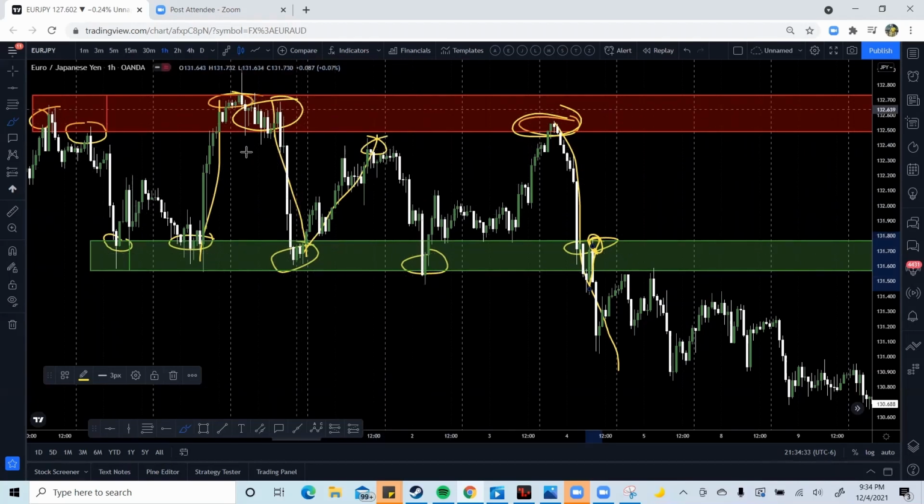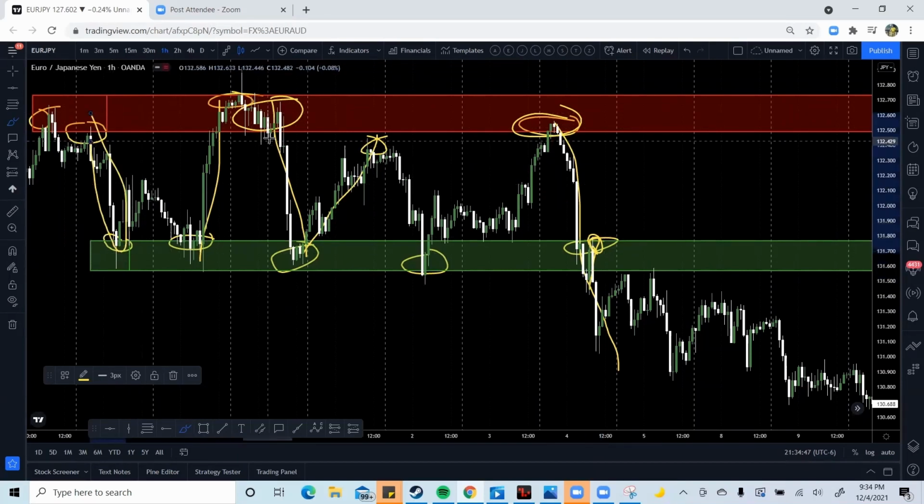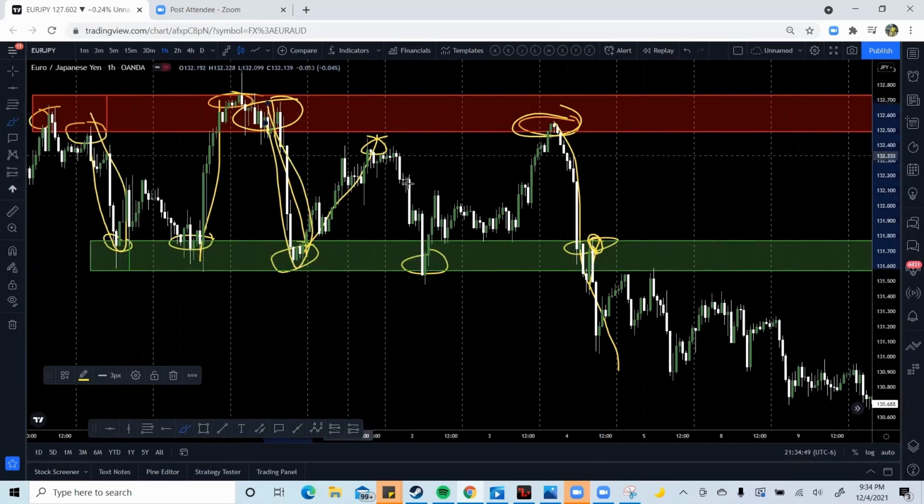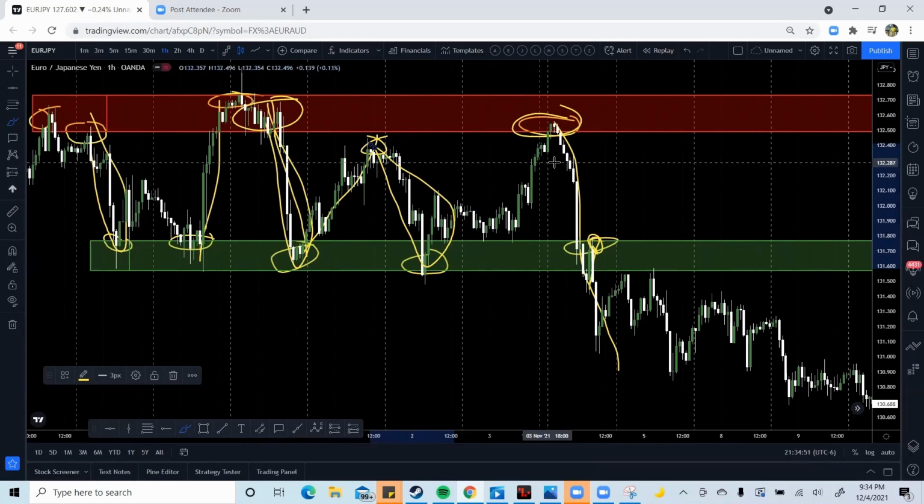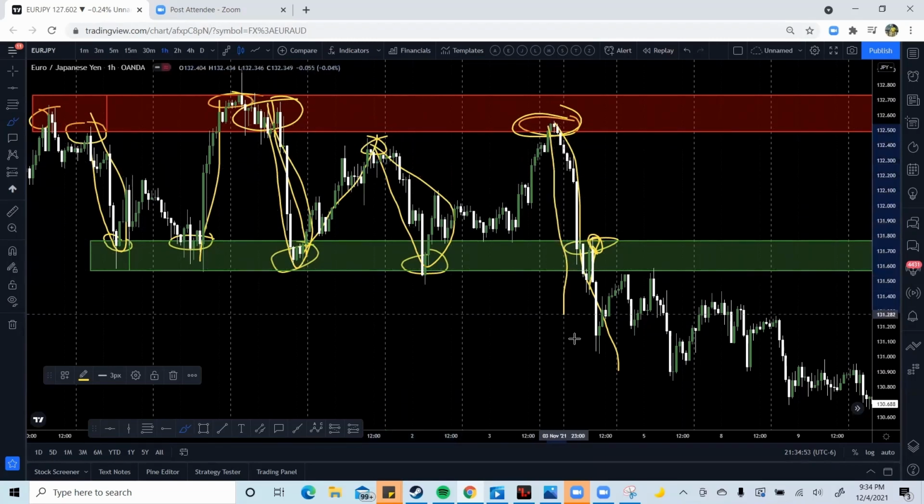But you see that there's more decisive movement going down than there is going up. Notice the quick and large candles going down. See here, see these candles, these candles, these candles, and now the candles that break the run are these candles.